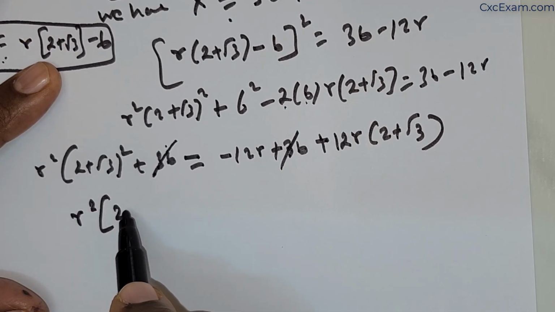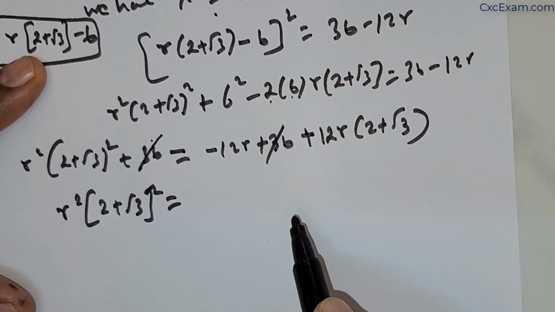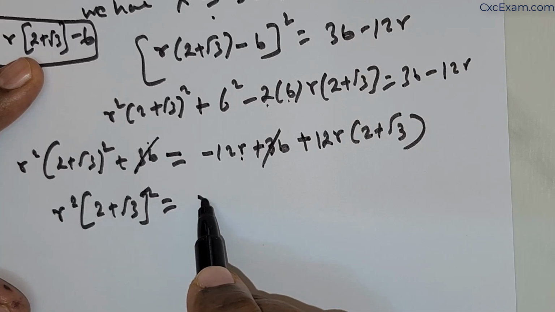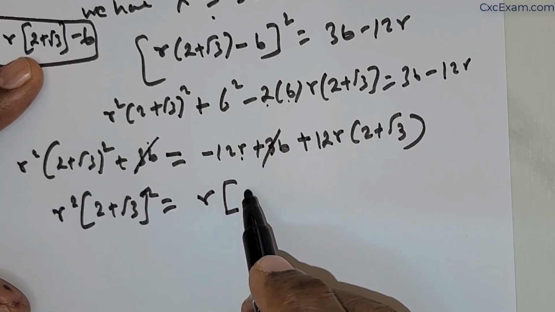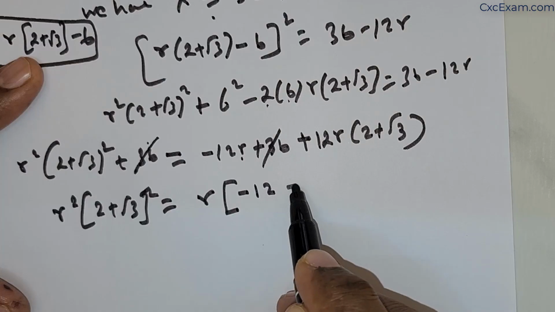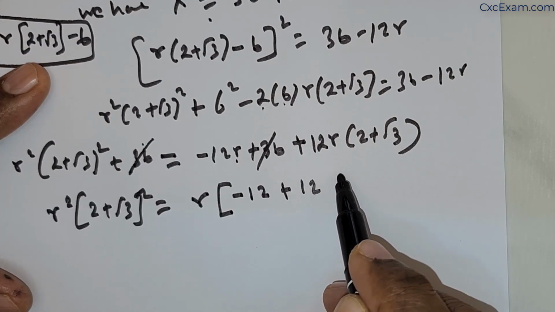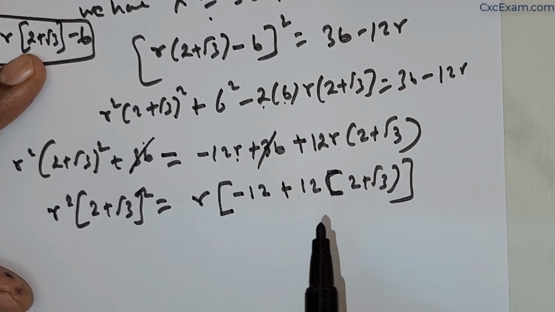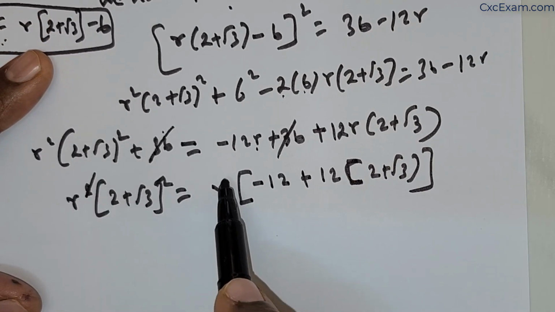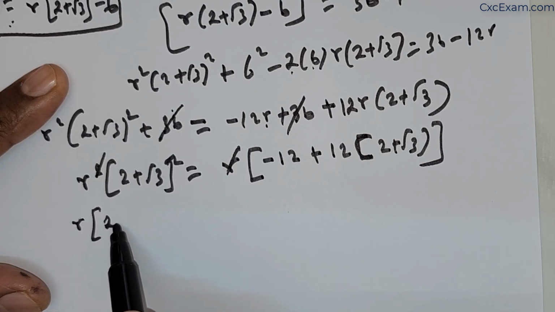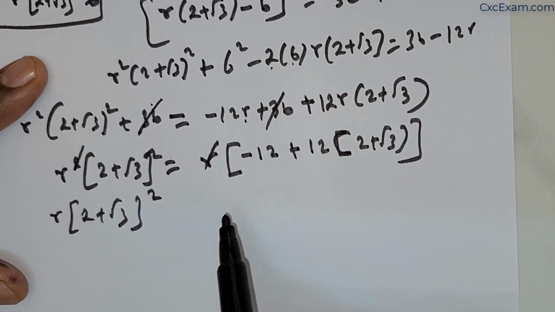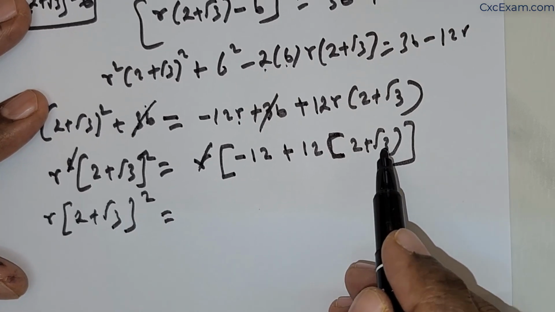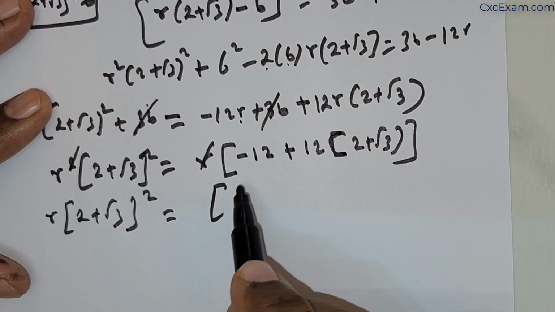So you have r squared of 2 positive root of 3 squared is equal to, now you have r and r. So let me take that out, and you have negative 12 positive 12 times 2 positive root of 3. Now r and r can be cancelled, so you have r of 2 positive root of 3 squared is equal to, now this actually can be simplified.